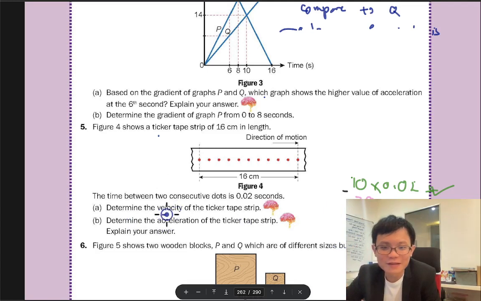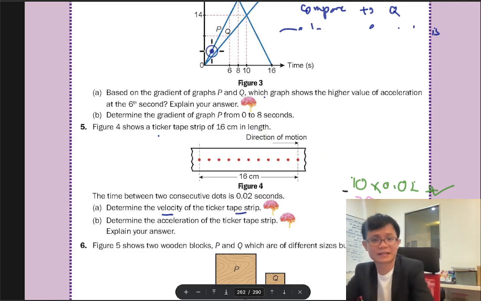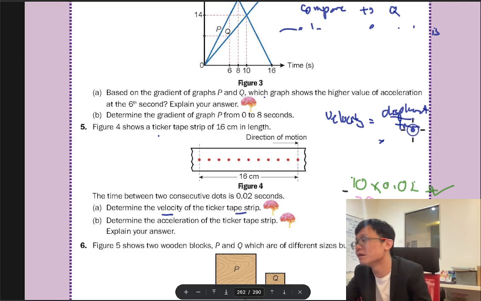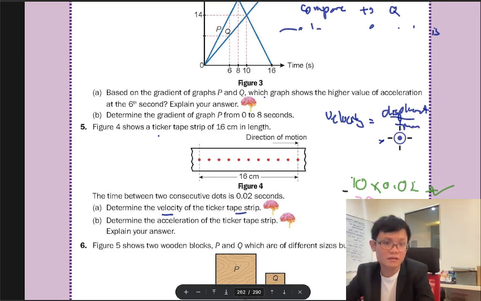Okay, determine the velocity. Velocity will be displacement, we already learned, displacement divided by time. So displacement is 16 cm. Do I want to change it to meter first? No need lah. 16 cm divided by the time.